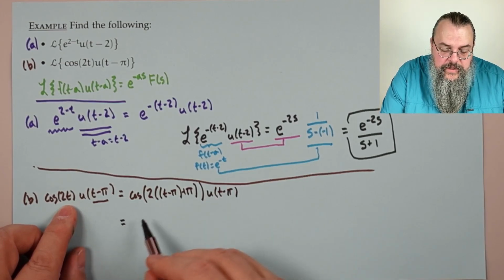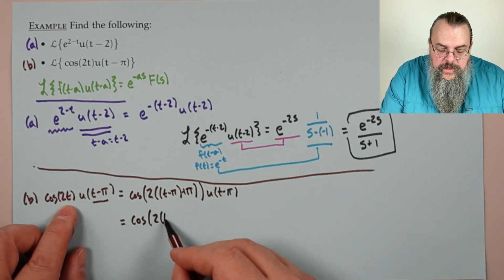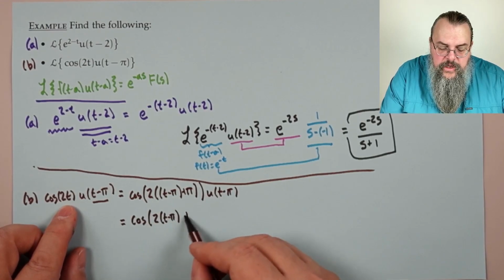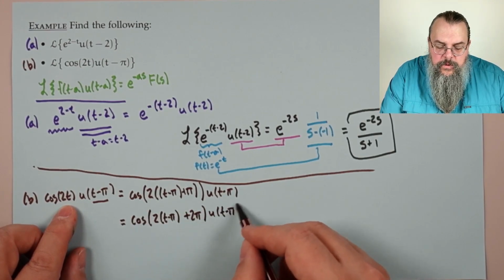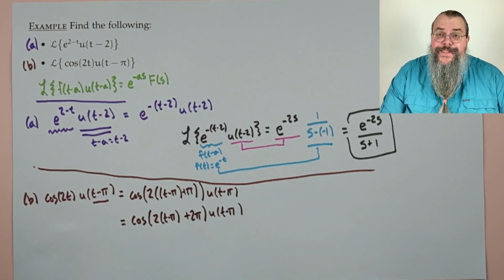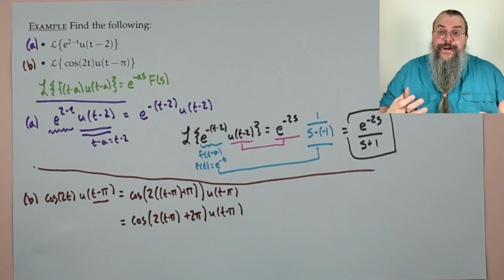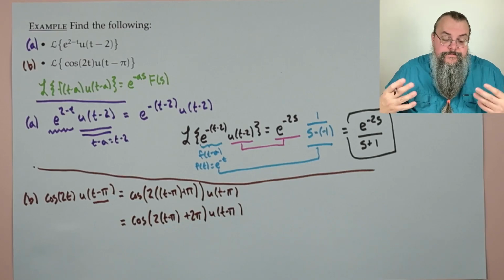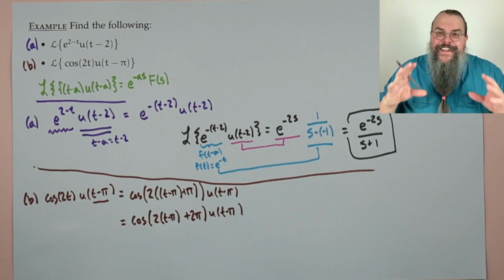And if you multiply this through, this is cosine of 2 times t minus pi plus 2 pi. All right, well, that's all well and good, but how do we handle this plus 2 pi inside of a cosine? Well, we start thinking about the cosine function. What do we know about cosine? It likes to hang out with sine because it's cosine, right? No, that's not what I'm talking about.